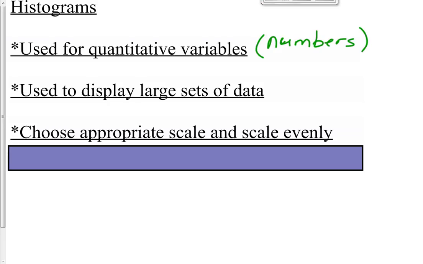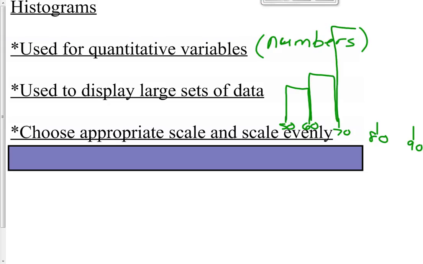What you do when you make a histogram is you choose an appropriate scale and then you scale evenly. Meaning, maybe I gave out a test, and maybe on my test I got grades in the 50s, and in the 60s, and in the 70s, in the 80s, and in the 90s. And then I have my appropriate bars. Maybe there were 3 that got a 50. Maybe there were 4 that got 60s.